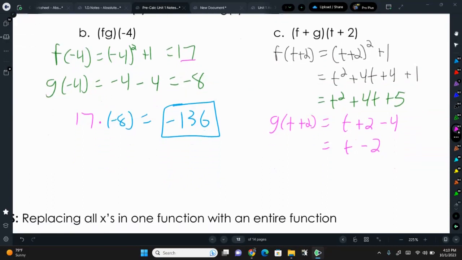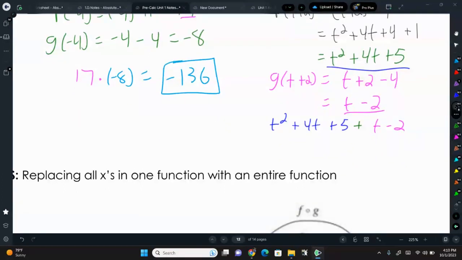So now I can add those. We're going to add t squared plus 4t plus 5 plus t minus 2. And then when we combine our like terms, that's going to give us t squared plus 5t plus 3.